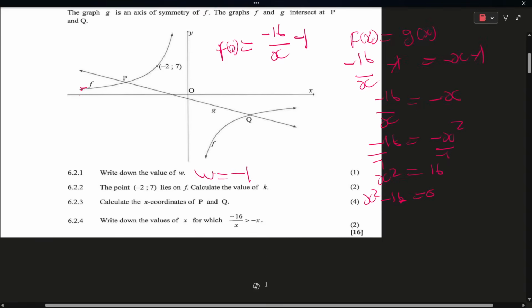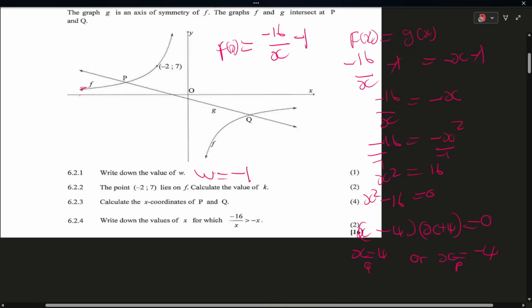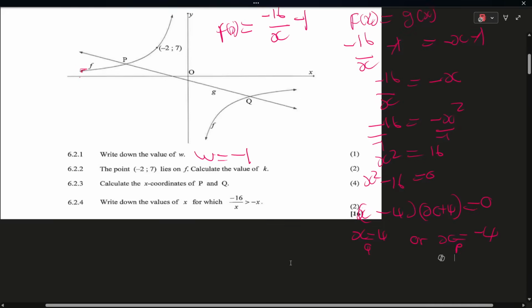Sorry, this is 16. Now I have two brackets equal to 0: (x - 4)(x + 4). So x equals 4 or x equals -4. Those are my answers. 4 is for Q, and -4 is for P. That's how I deal with these questions.